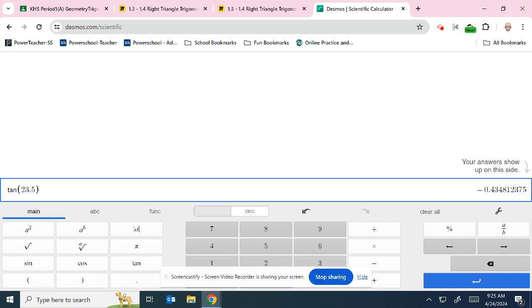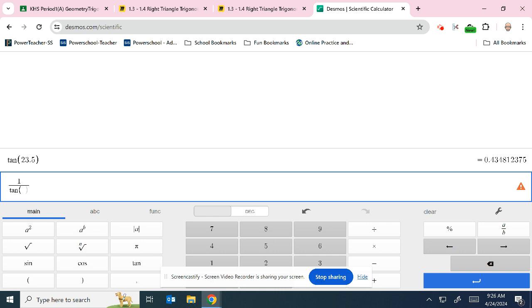And it's very simple. Cotangent is the reciprocal of tangent. So if this was tangent over 1 and you flipped it over, it would be 1 divided by tangent. So the reciprocal of tangent is 1 divided by tangent of 66.5.